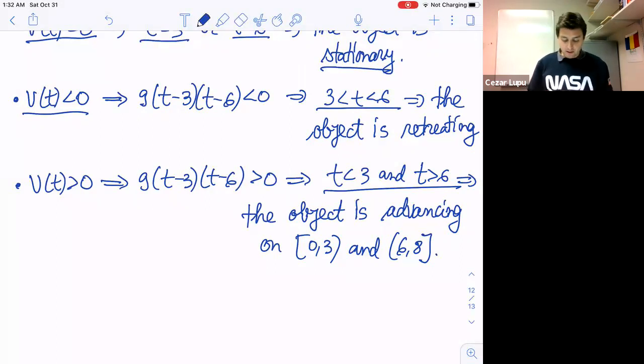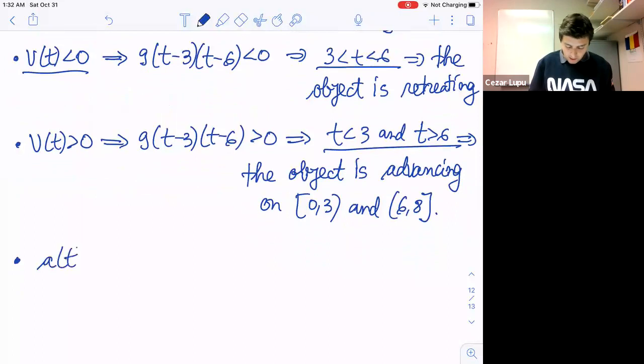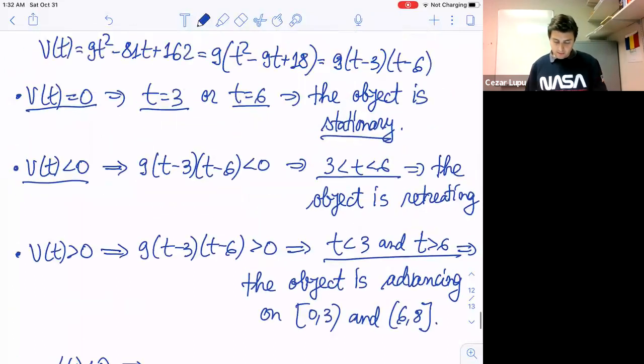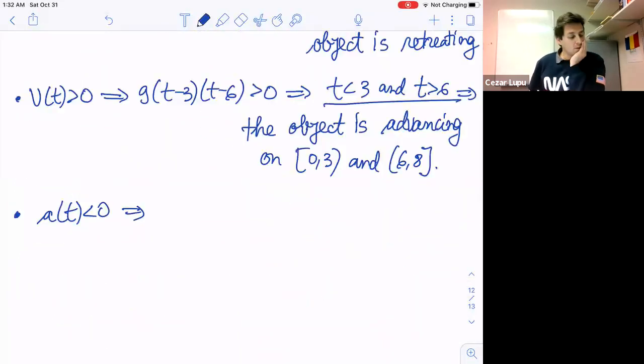Now let's see about the acceleration. So we have two things here. Let's see what happens when a of t is negative. The acceleration, what was that? So a of t was 18t minus 81. Okay, that's good.